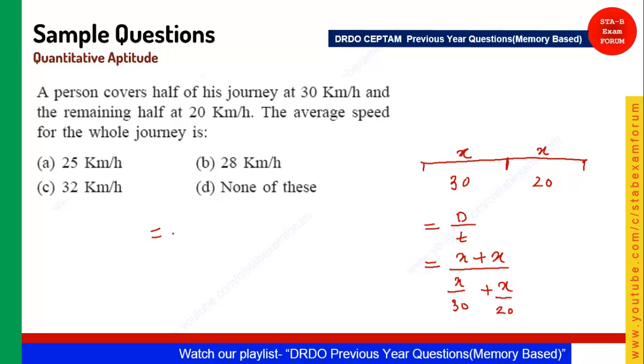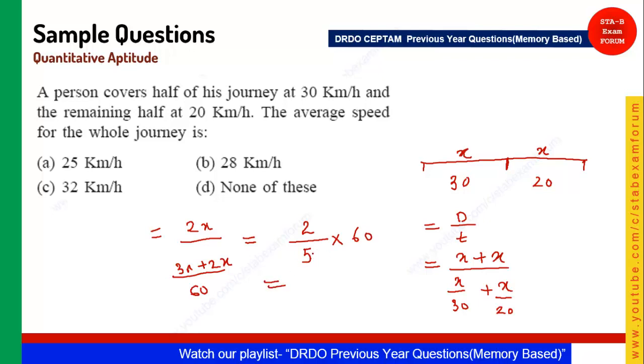After that you have 2x in the numerator, and here if you simplify it, what will you get? 60 as the LCM, and 2 3s are 6, 3x plus 2x, okay. So you can take x as common, so it becomes 2 divided by 5 into 60.